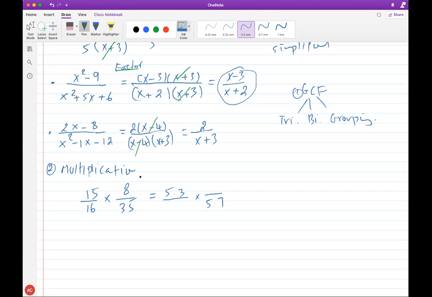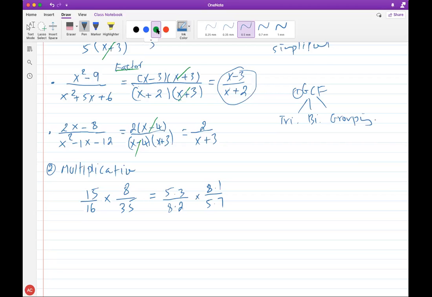Same way here, what is the highest common number that can go into both 16 and 8? 4. Even better, 8. So 8 times 2, and this one can stay 8 times 1.